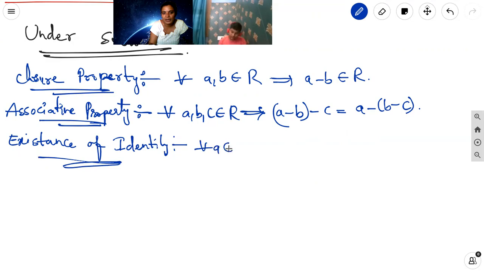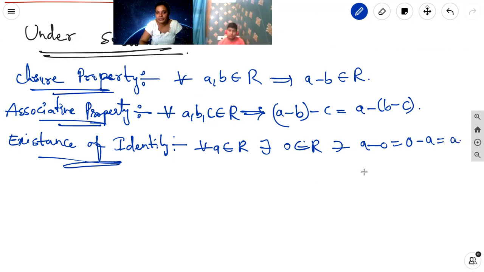For all A belonging to R, there exists 0 belonging to capital R such that A minus 0 equals A, and 0 minus A equals A only.